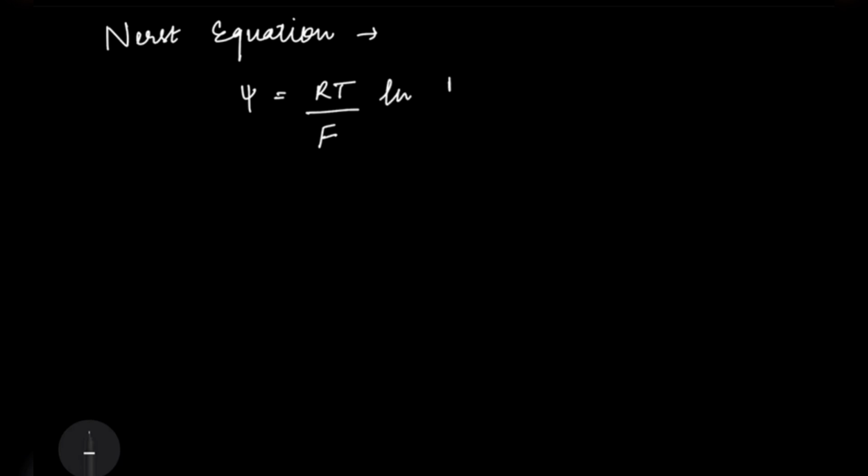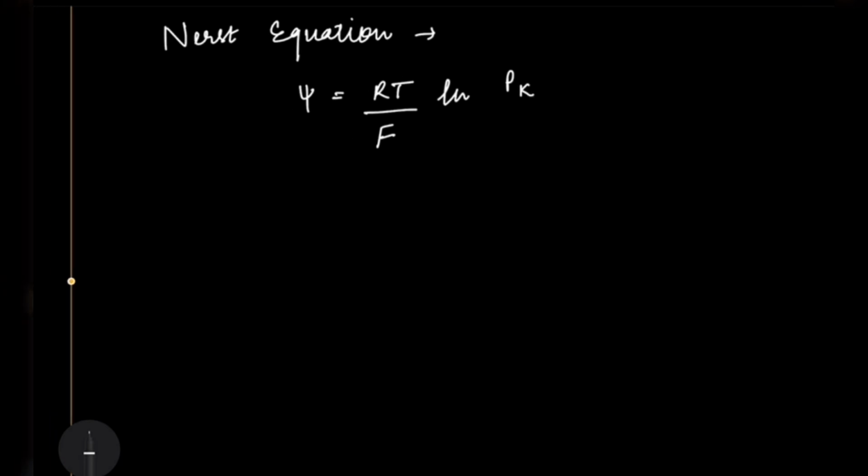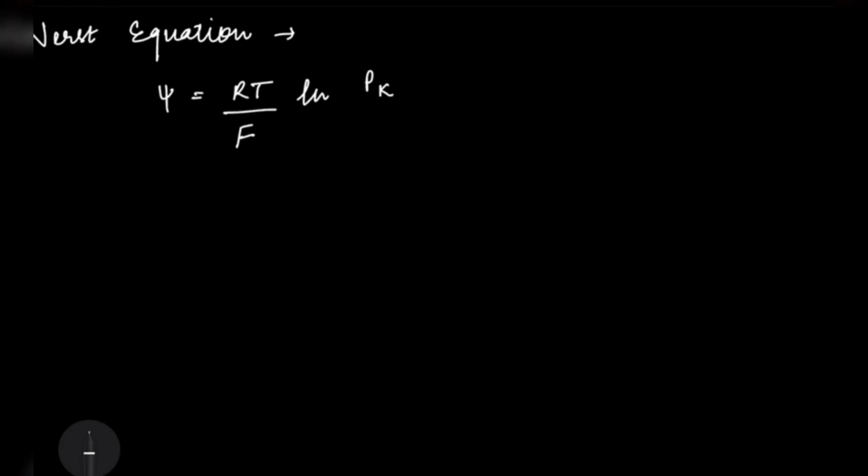This is the ionic equilibrium, and these are the permeability coefficients for sodium, potassium and chloride.